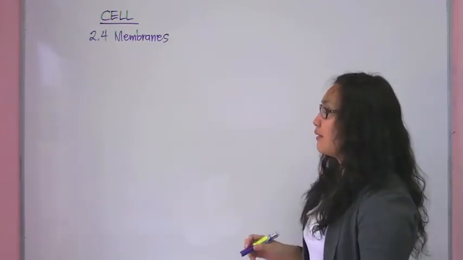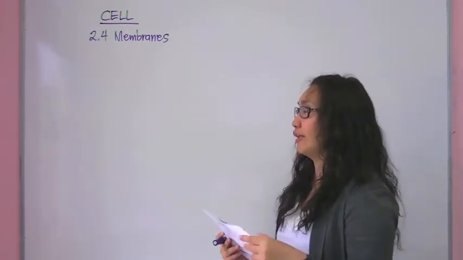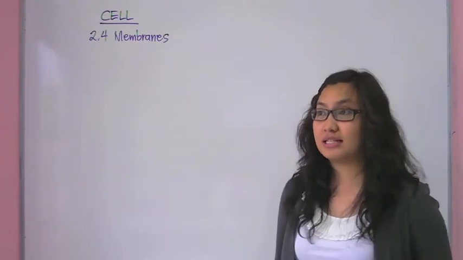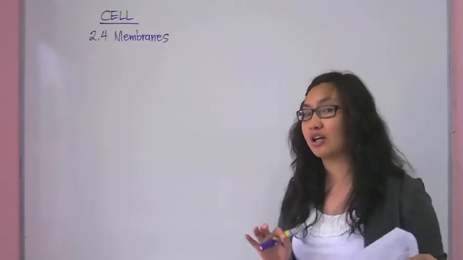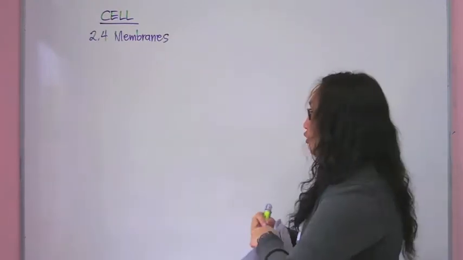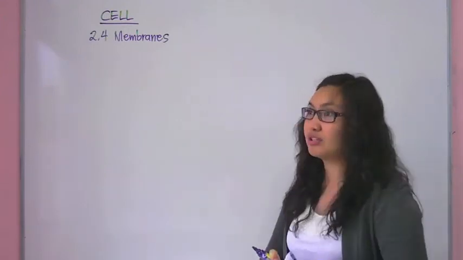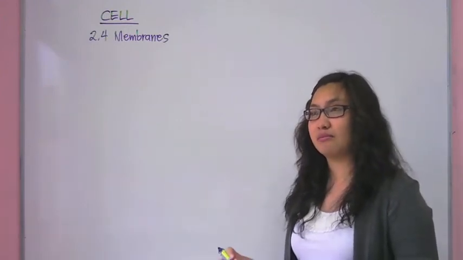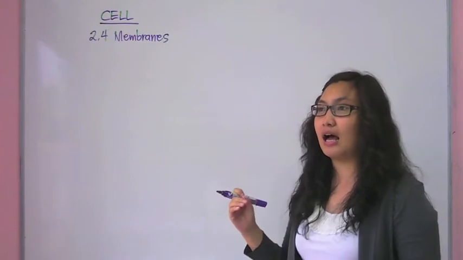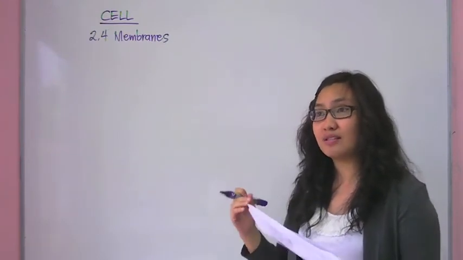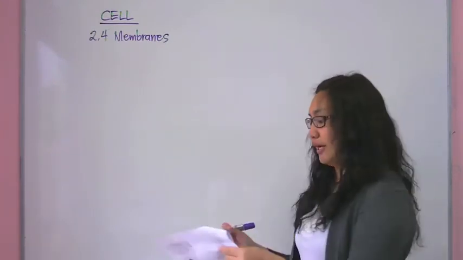Here in membranes, the most important thing we need to discuss is to relate the structure with the function. By relating the structure to its function, the students would be able to understand how the movement of substances occurs in membranes.